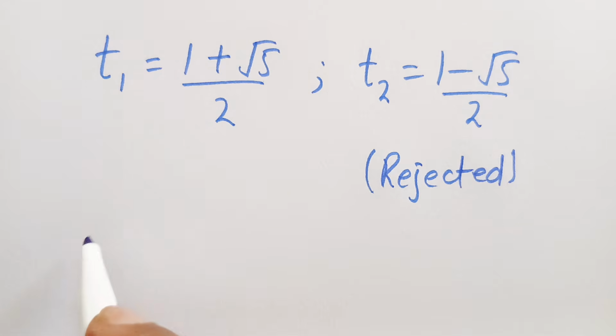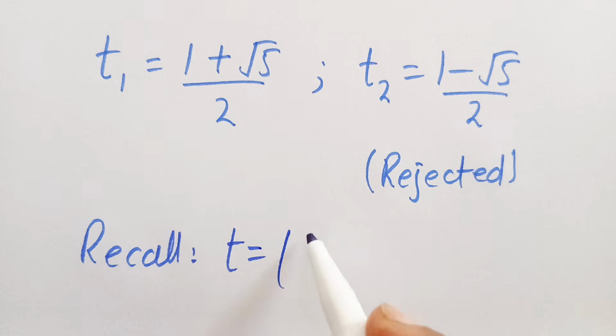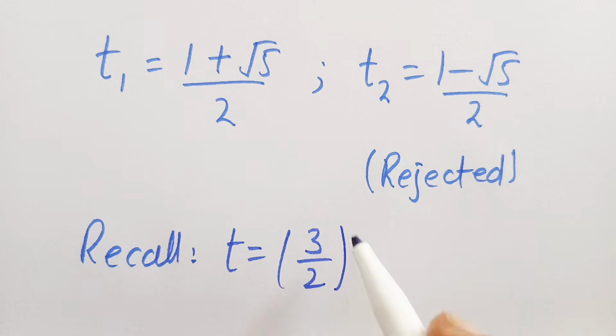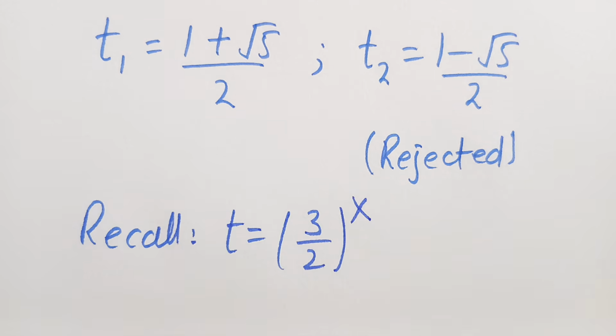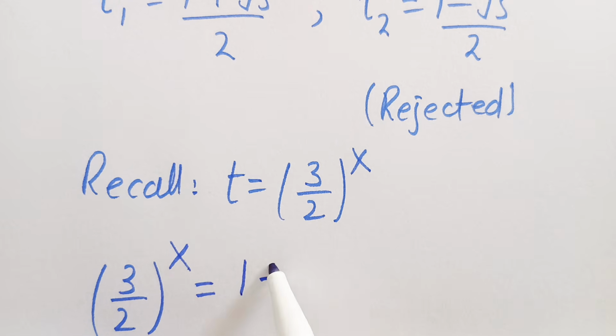Now, as we know, recall t is equal to 3 by 2 whole to the power x. Therefore this becomes 3 by 2 whole to the power x is equal to 1 plus under root 5 divided by 2.